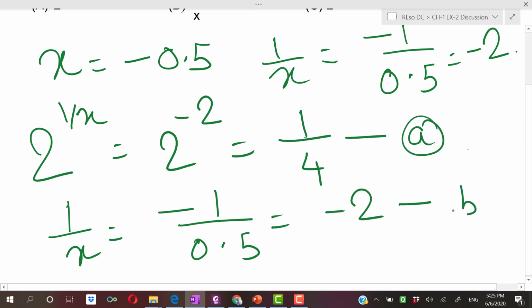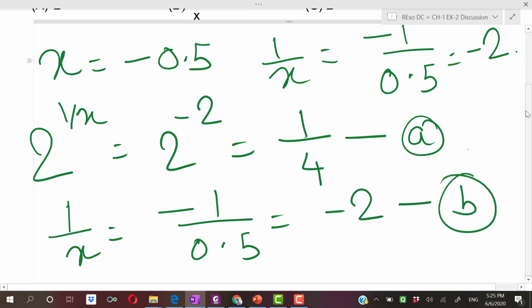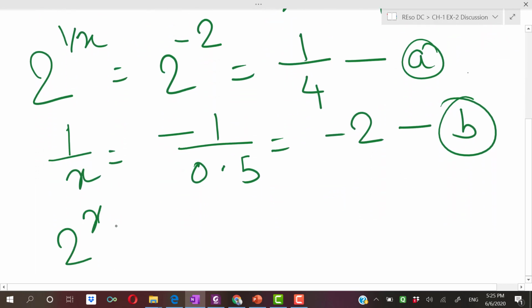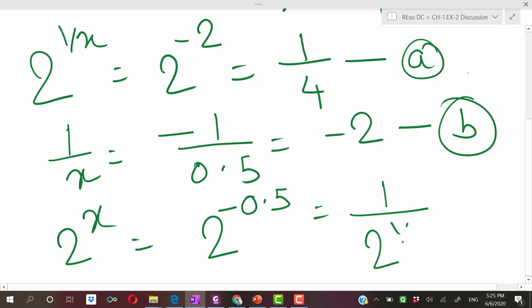This will be option number B. Option number C is 2 raised to the power x. 2 raised to the power x will be equal to 2 raised to the power minus 0.5, that is 1 upon 2 raised to the power 1 by 2, which is equal to, rationalize कर दें, 2 raised to the power 1 upon 2 divided by 2.